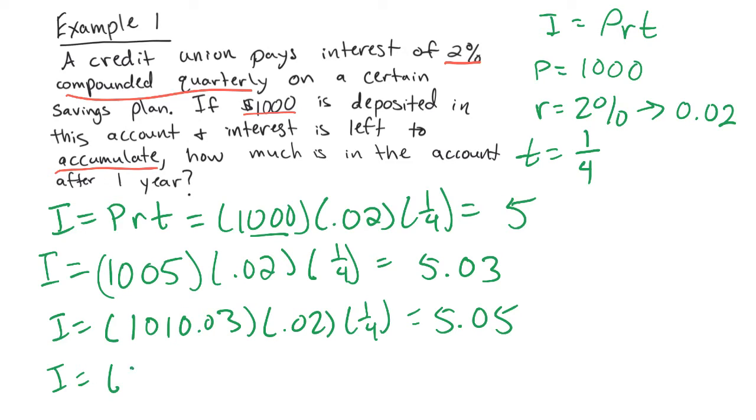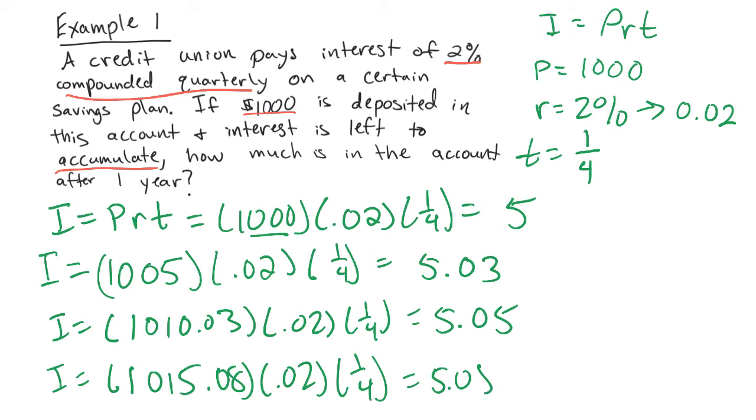So let's see, add that to your 1,010 principal. We have 1,015.08 times 0.02 times 1/4. That gives us 5.08.